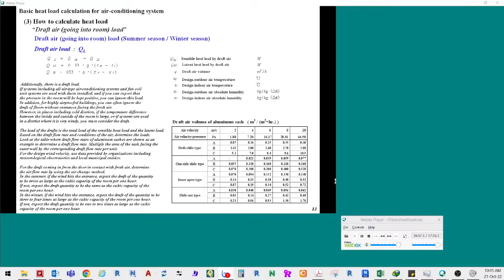In the winter, if the wind hits the entrance, expect the draft quantity to be 3 to 4 times as large as the cubic capacity of the room per 1 hour. If not, expect the draft quantity to be 1 to 2 times as large as the cubic capacity of the room per 1 hour.